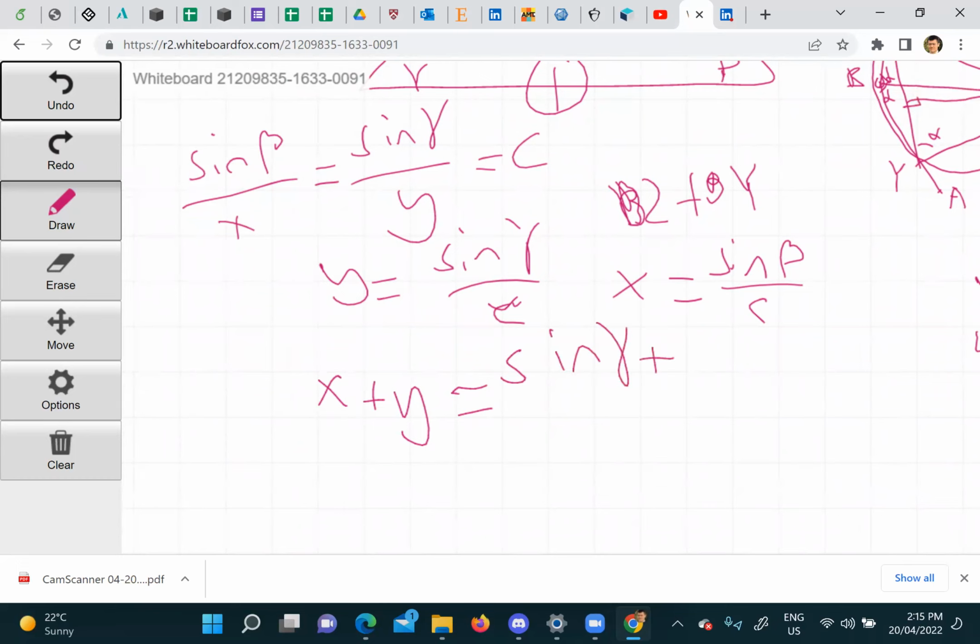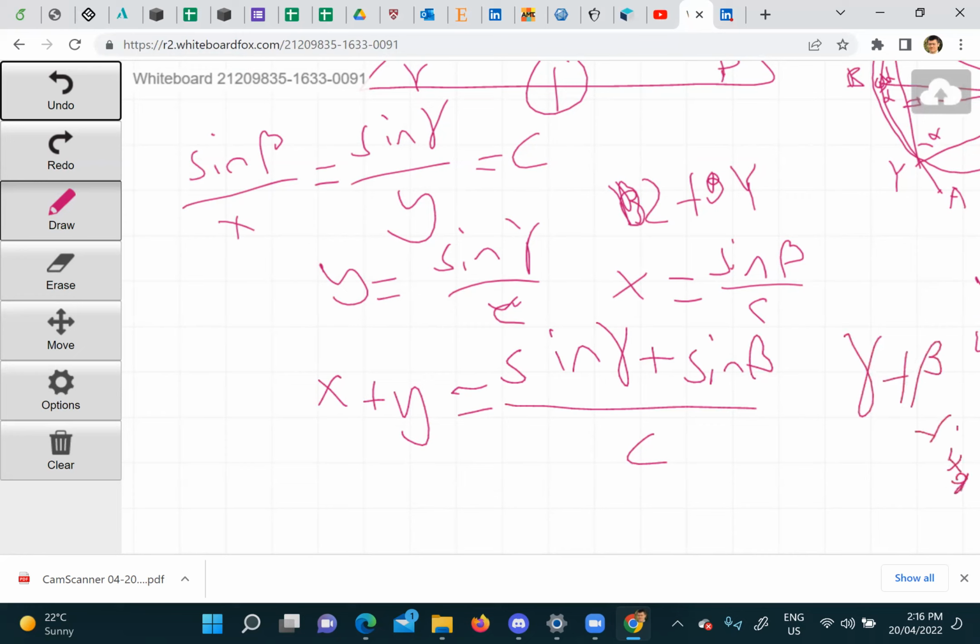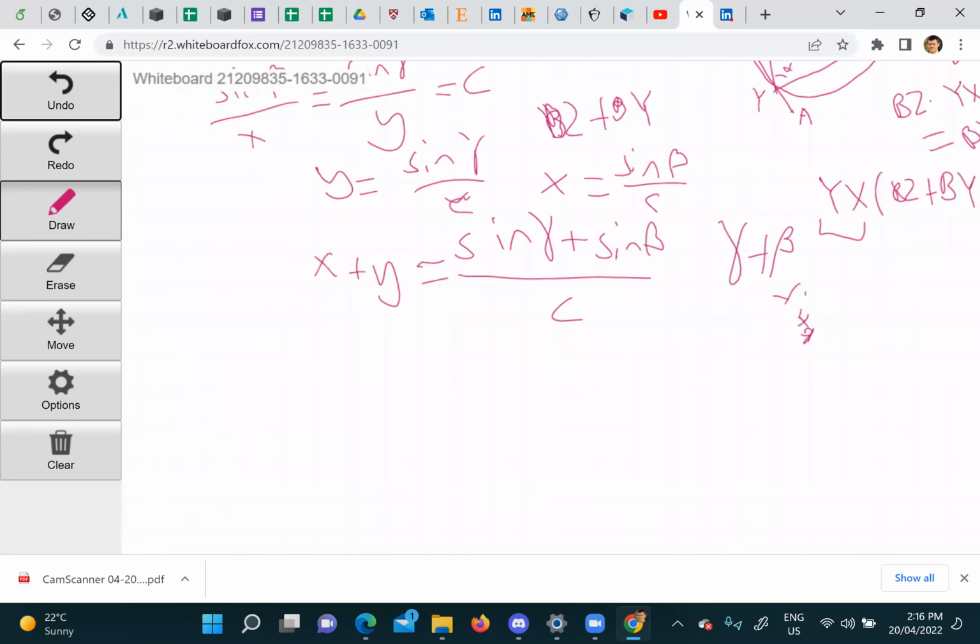Sine gamma plus sine beta on C. Yeah, so we're just maximizing sine gamma plus sine beta, where gamma plus beta is fixed. So eliminate C. Those C's are fixed anyway.